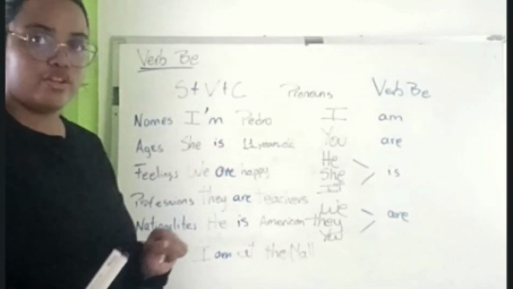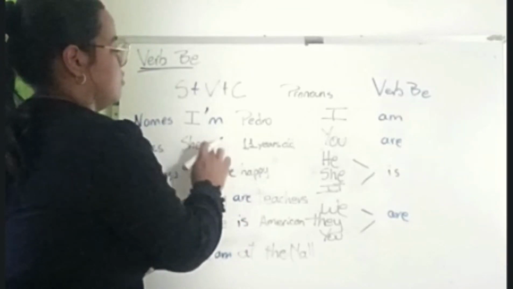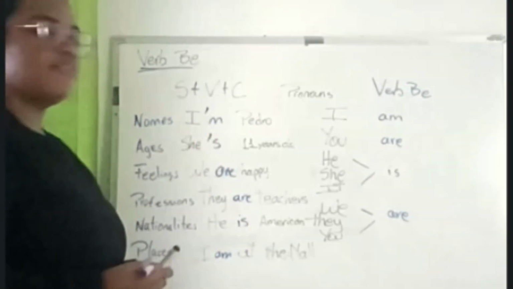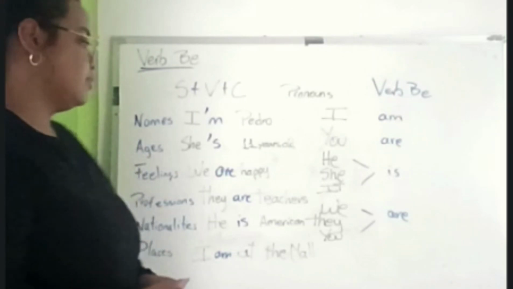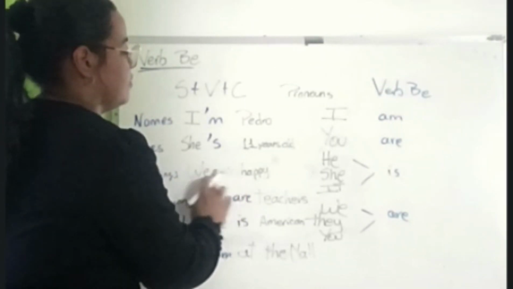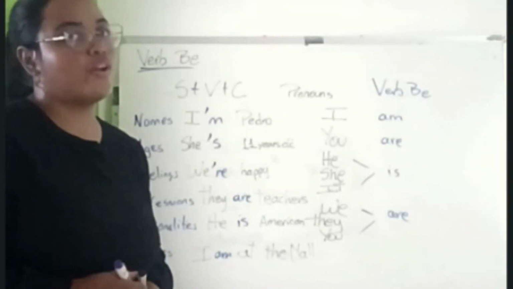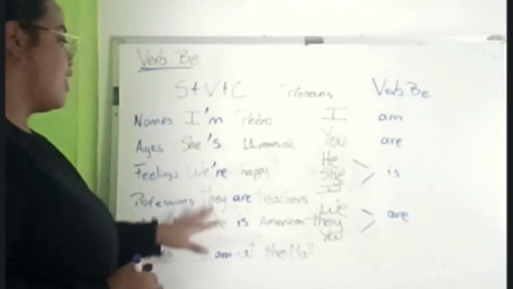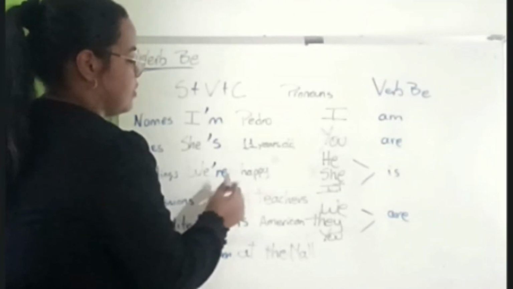She is 11 years old. So it will be she is 11 years old. She's 11 years old. We are happy. We can say we are happy. We're happy. They are teachers.